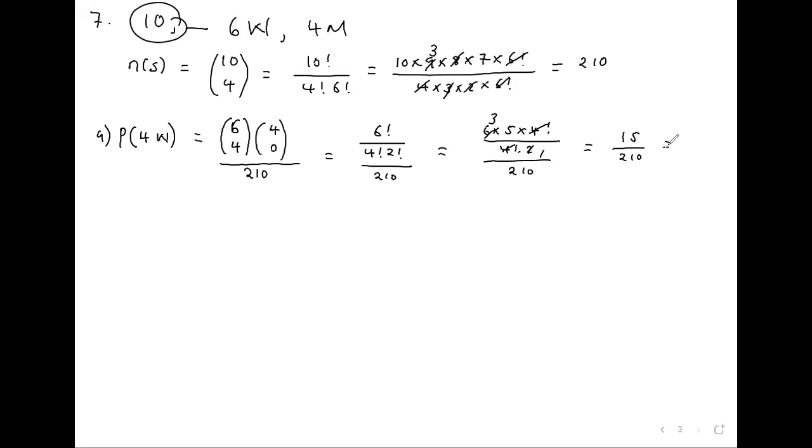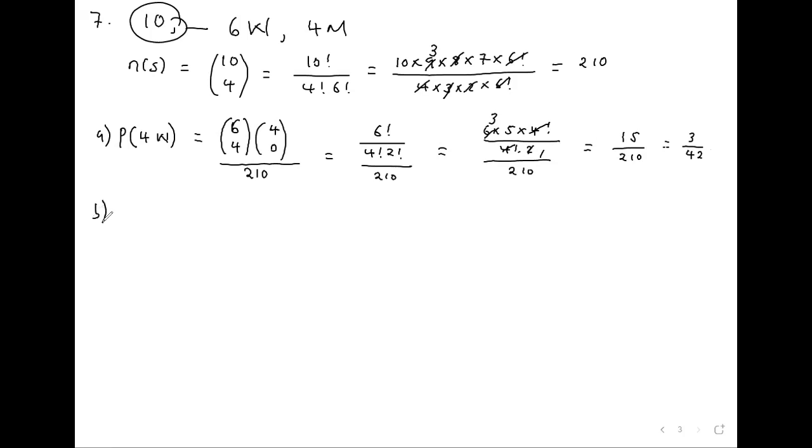I think 5 can go there, up 3 times, down 42. That's 1 over 14. So that's the probability for choosing 4 women.